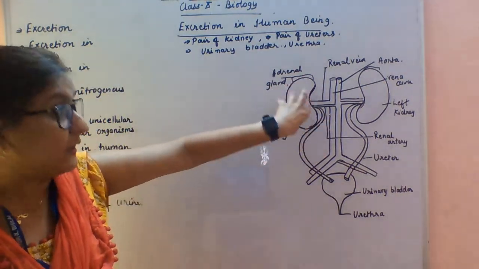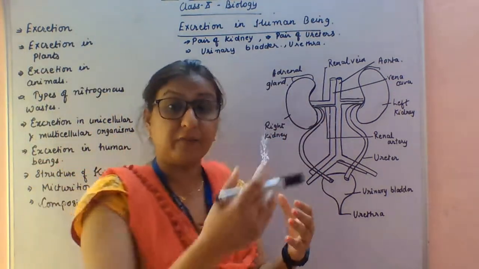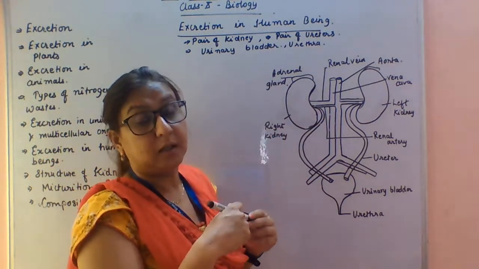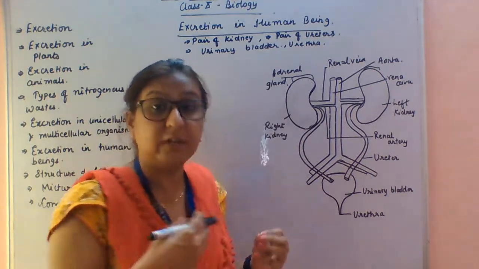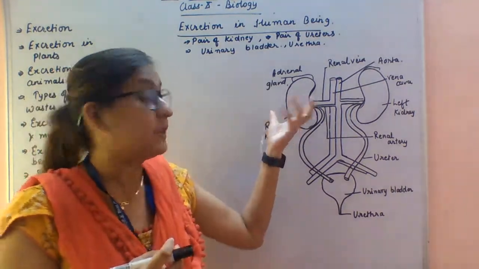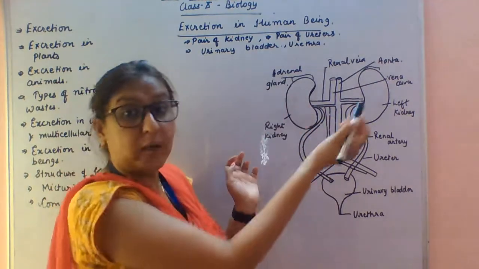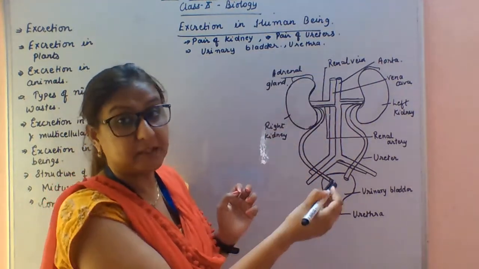Here the filtration occurs, and after the filtration of the blood, the formation of urine takes place.